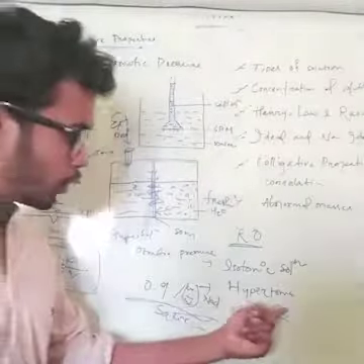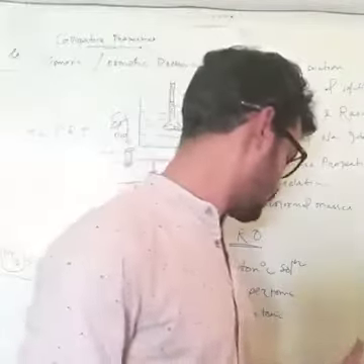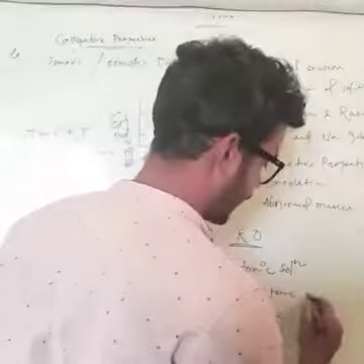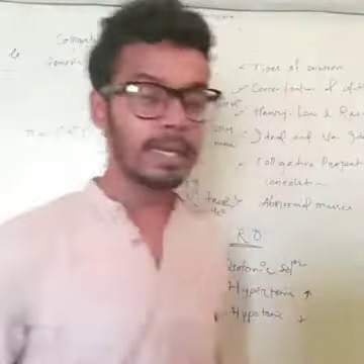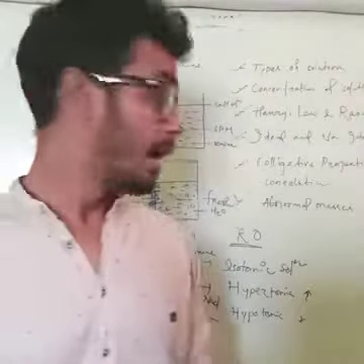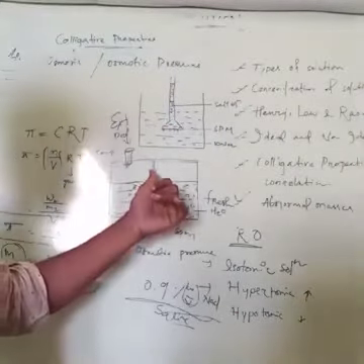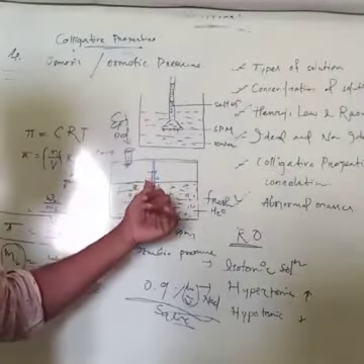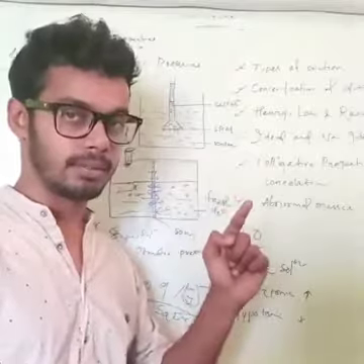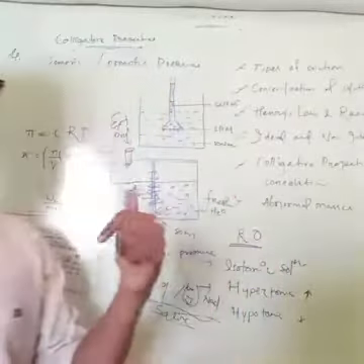Next is hypertonic. Hypertonic is where the osmotic pressure is high, and hypotonic means the osmotic pressure is very low. And reverse osmosis is also known as the desalination process.